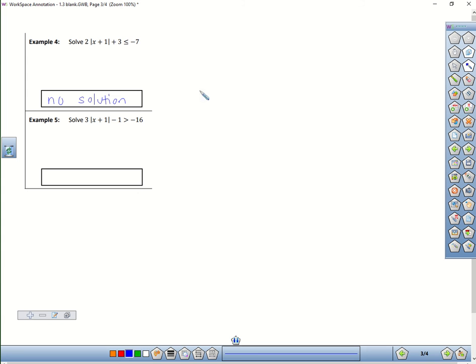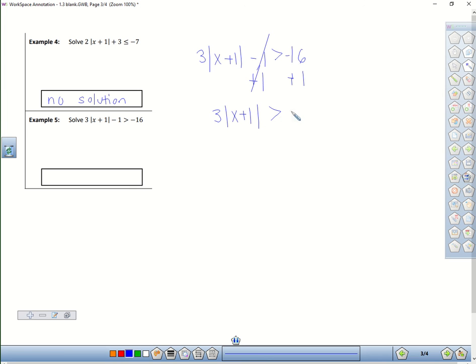So here, let's go ahead and isolate our absolute value so we can compare what rule it's going to use here. So I'm going to add 1 to both sides. I get 3 times the absolute value of x plus 1 is greater than negative 15. Divide by 3. I get absolute value of x plus 1 is greater than negative 5.